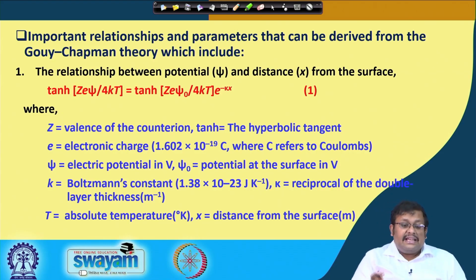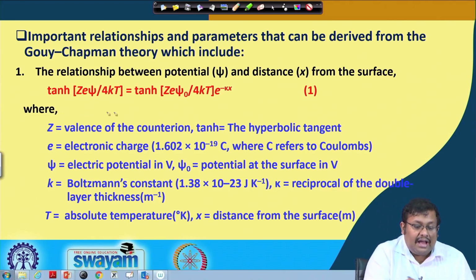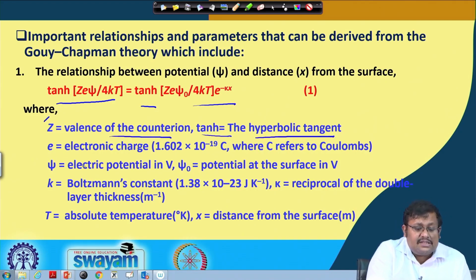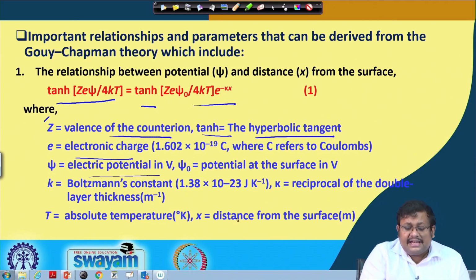We get this relationship: tanh(zeψ/4kT) equals tanh(zeψ0/4kT) e to the power minus kx, where z is the valence of the counter ions, tanh is the hyperbolic tangent, and e is the electronic charge, measured in coulombs, and ψ is the electrical potential in volts, and ψ0 is the potential at the surface. Here ψ0 denotes that the distance from the surface is 0.